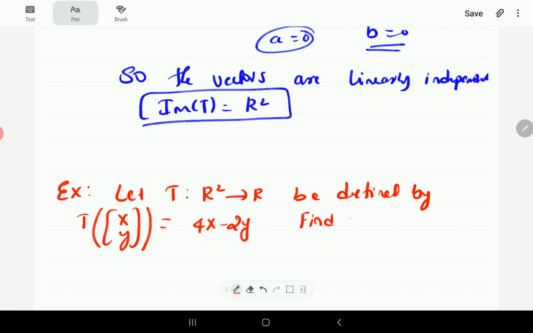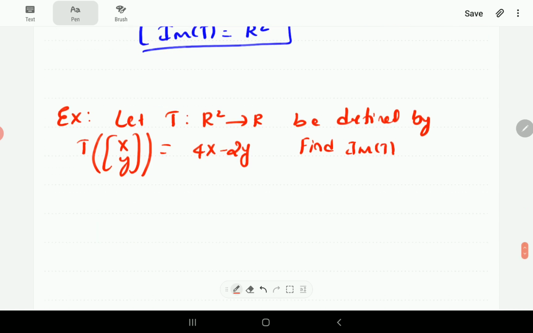Then we have to find the image of T. Here, this is a linear combination of the inputs. So therefore the output is always a real number. If x is any real number and y is any real number, this will give us a real number. So the transformation maps to a scalar.